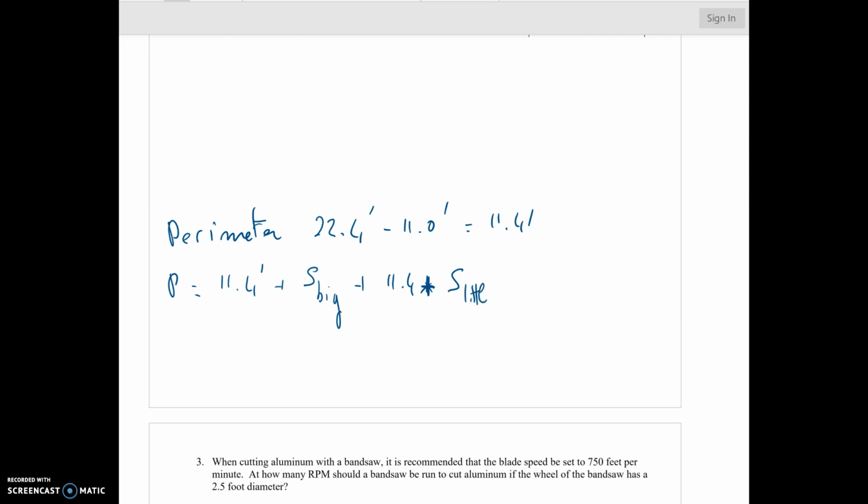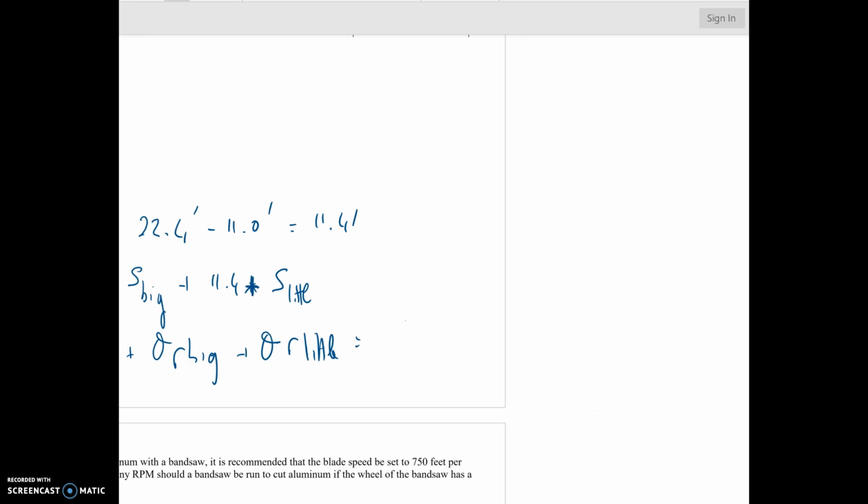And so I end up with P equals 22.8 plus theta r big plus theta r little. You end up with the perimeter equal to 22.8 inches plus theta multiplied by the factor r big plus r little.